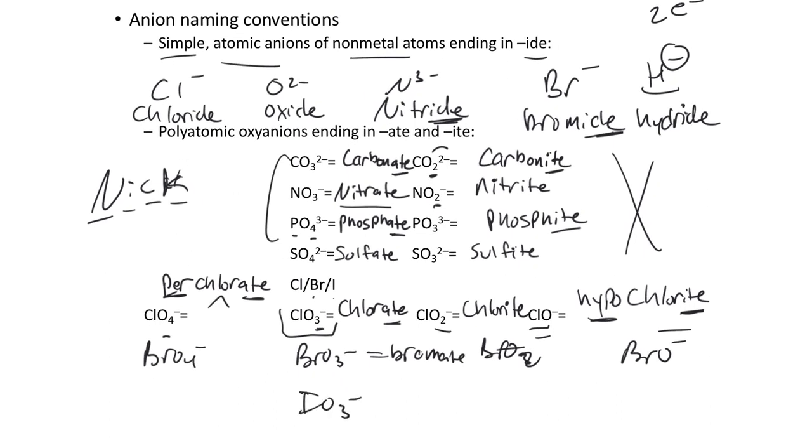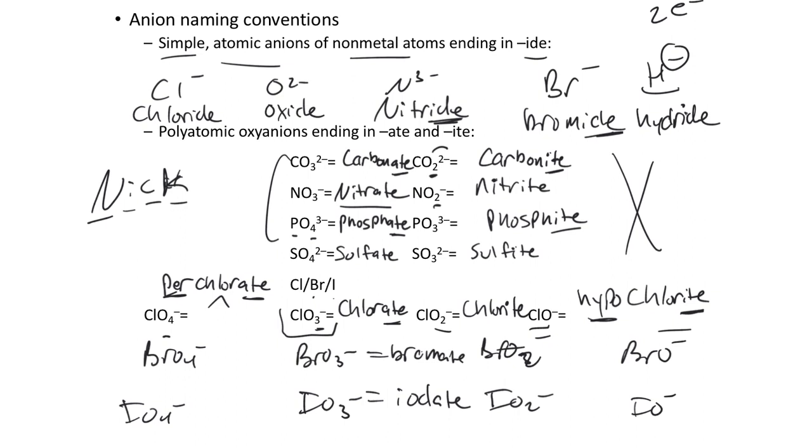So IO3 minus would be iodate, IO2 minus iodite, IO minus hypoiodite, IO4 minus periodate. So we get the same extent of ions as we would get for chlorine, with the same hypoite for the 2 O's removed, etc.